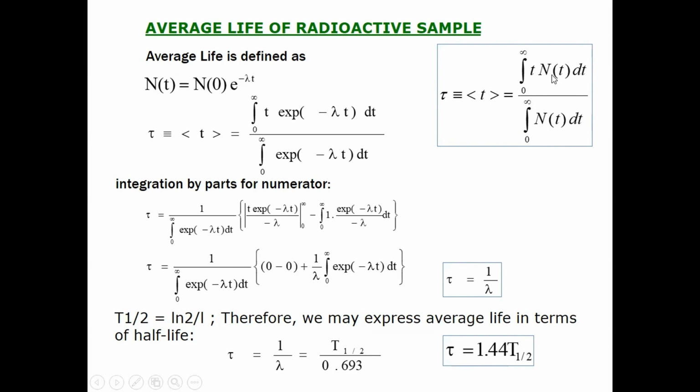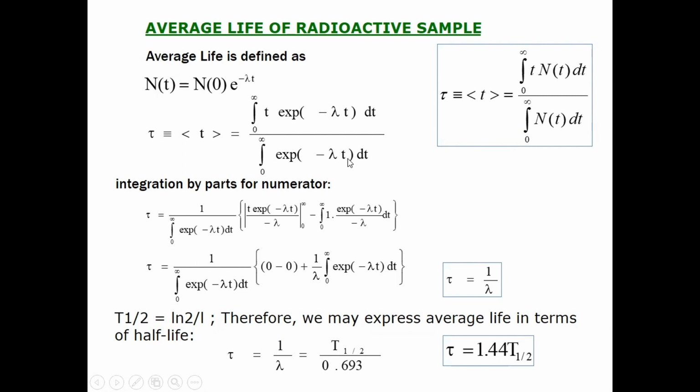So it is the number of atoms which we are using as a weighting factor to find out the average time. We know very well that N is equal to N naught times e to the power minus lambda t.